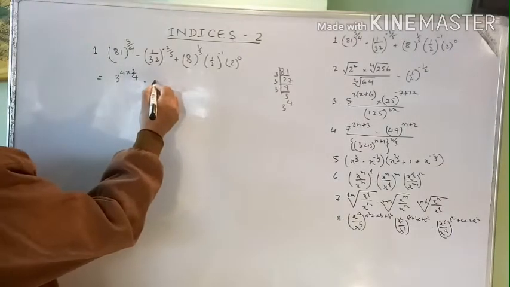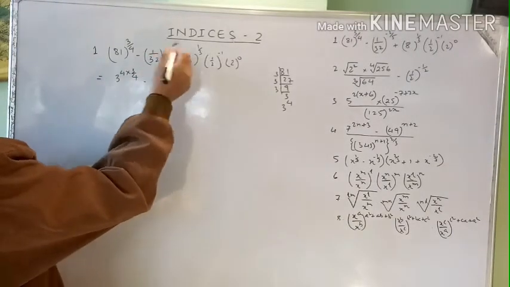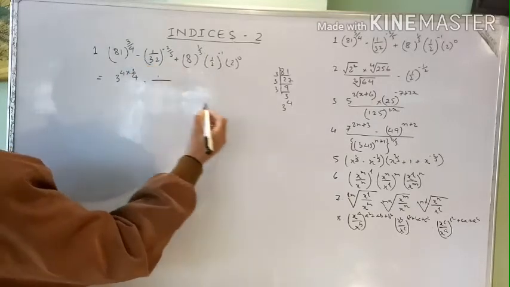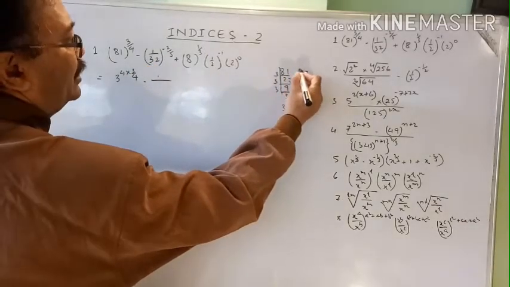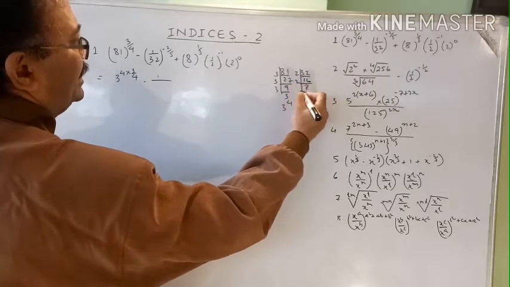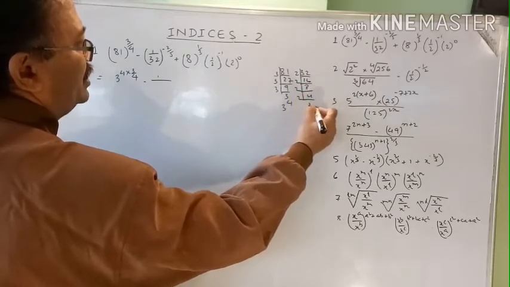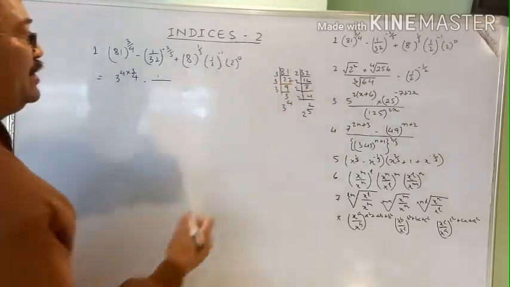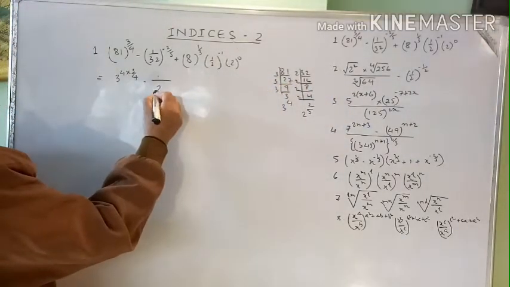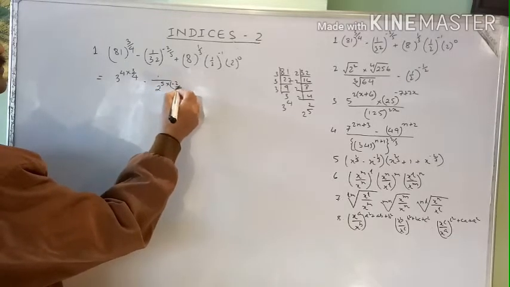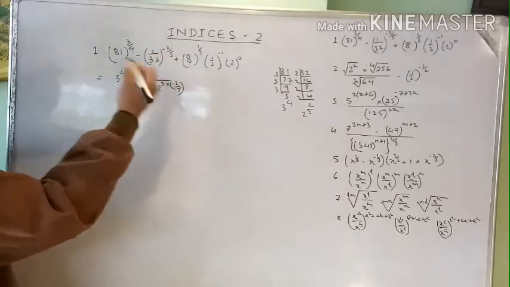Similarly, you can separate 1 to the power anything, which is 1 only, and 32, again factorize: 2 will go 16 times, 8 times, 4 times, 2 times. So 1, 2, 3, 4, 5, so 2 to the power 5. You can write this as 2 to the power 5 into minus 2 by 5, because 1 to the power anything is 1 only.